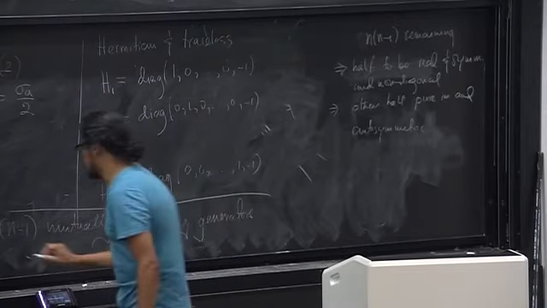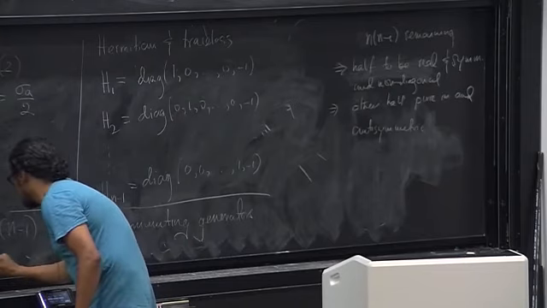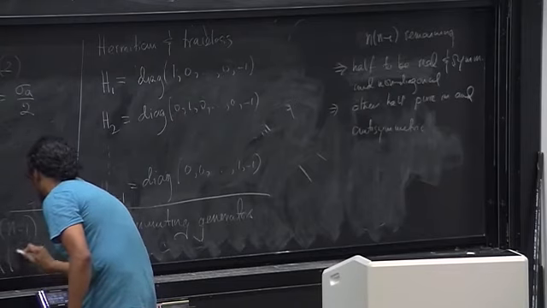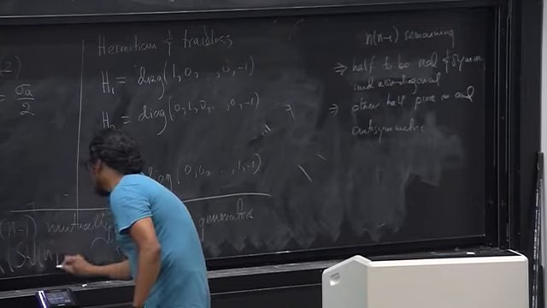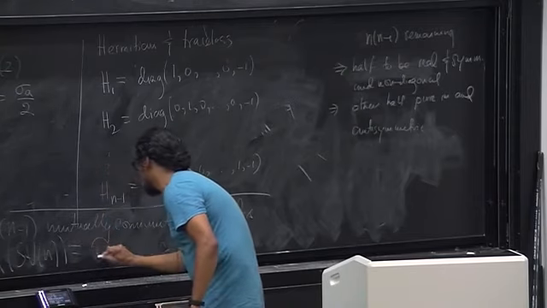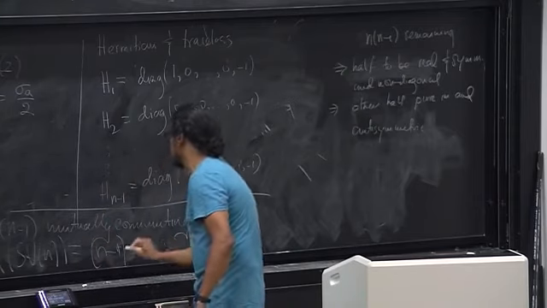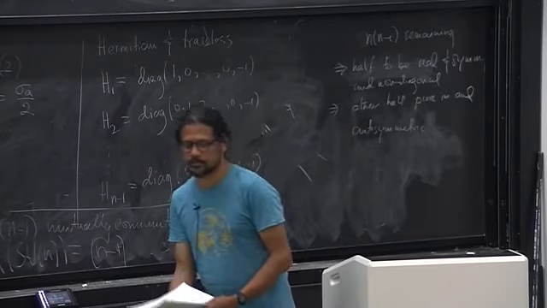So that means that the rank of SU(N) is n minus 1. That's an important result.